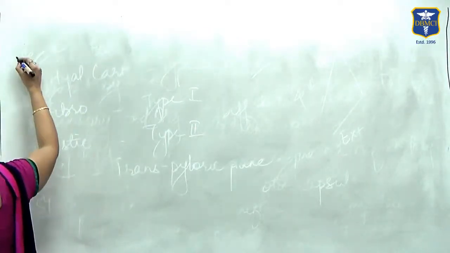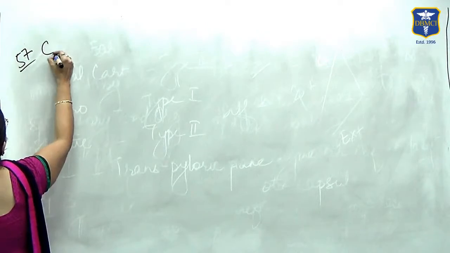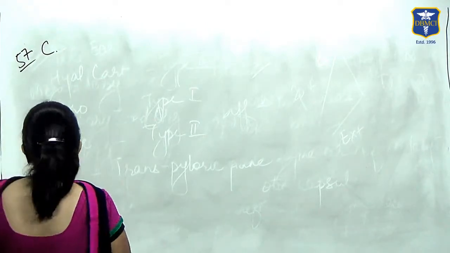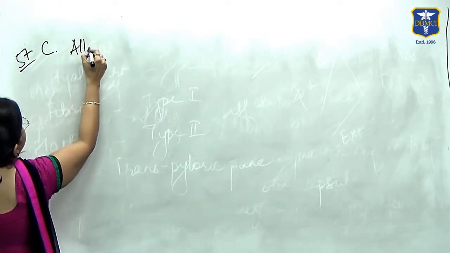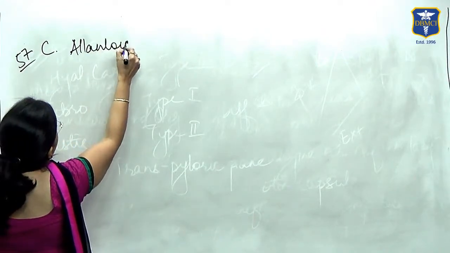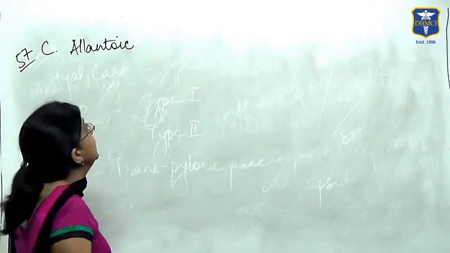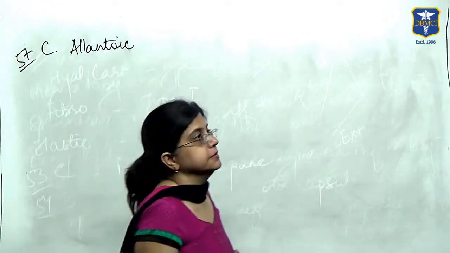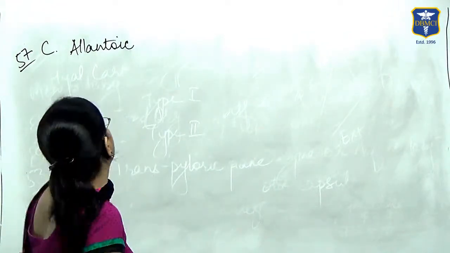Question 57, the answer is C. The allantoic diverticulum is an endodermal diverticulum which develops from the cranialmost part of the hindgut.